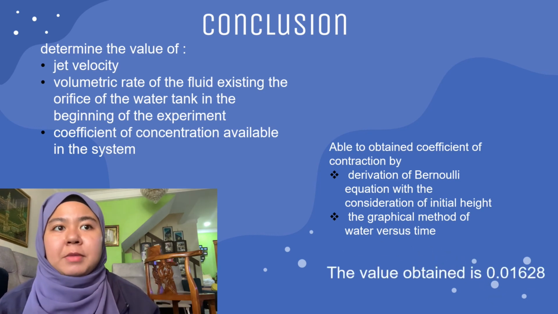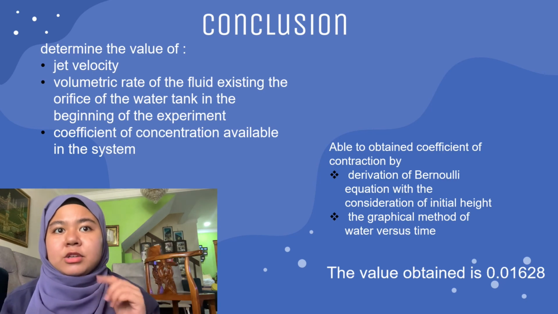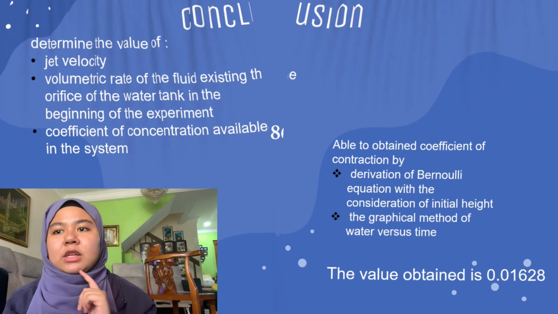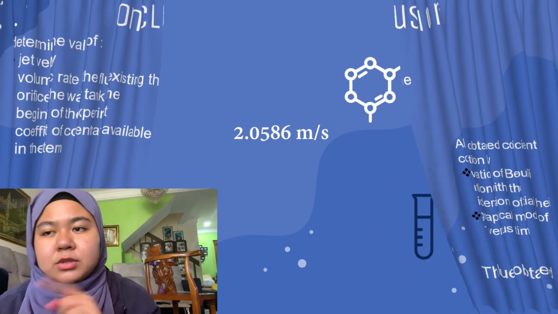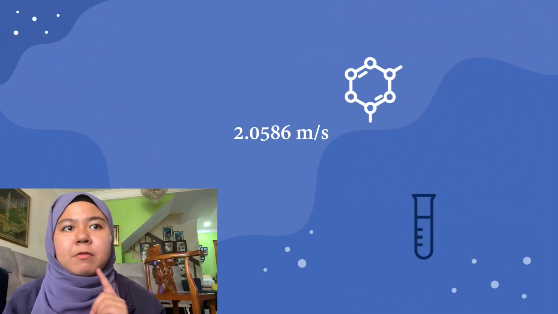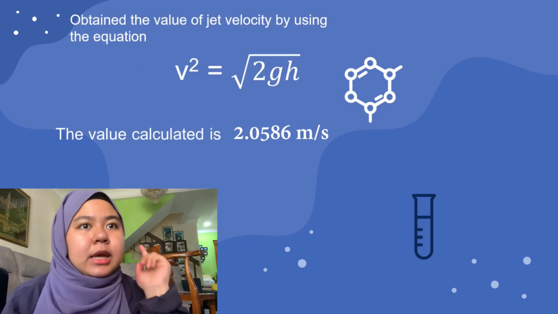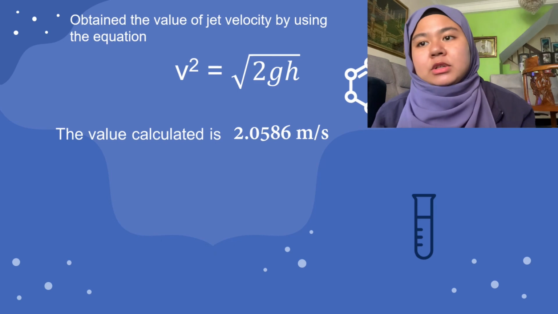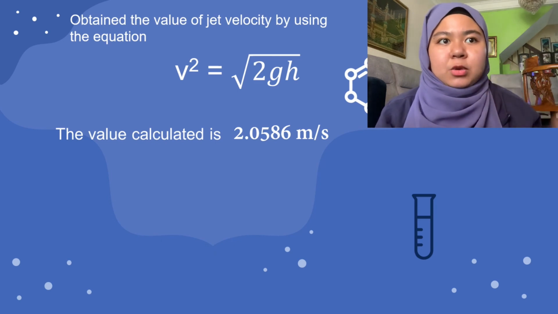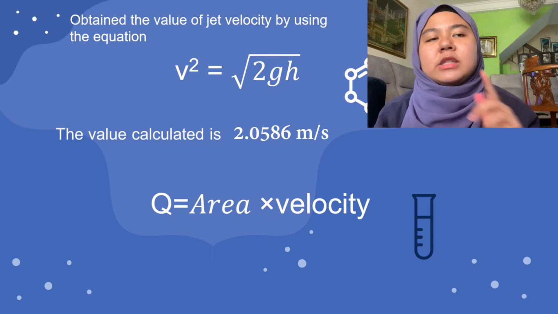From the value of beta, we were able to obtain the value of jet velocity by using the equation v equals the square root of 2gh. The value obtained is 2.0586 meters per second. Lastly, we were able to calculate the flow rate with this equation. The value obtained is 0.1224 cubic meters per second.